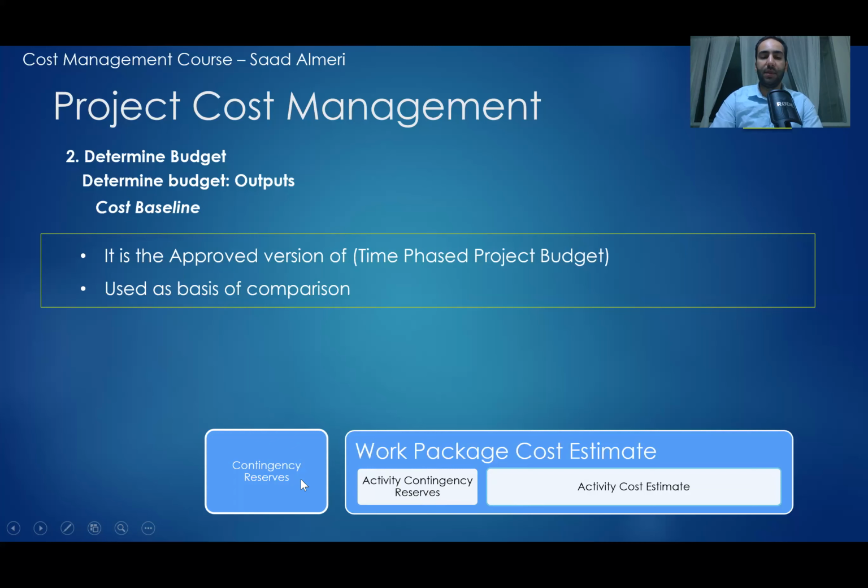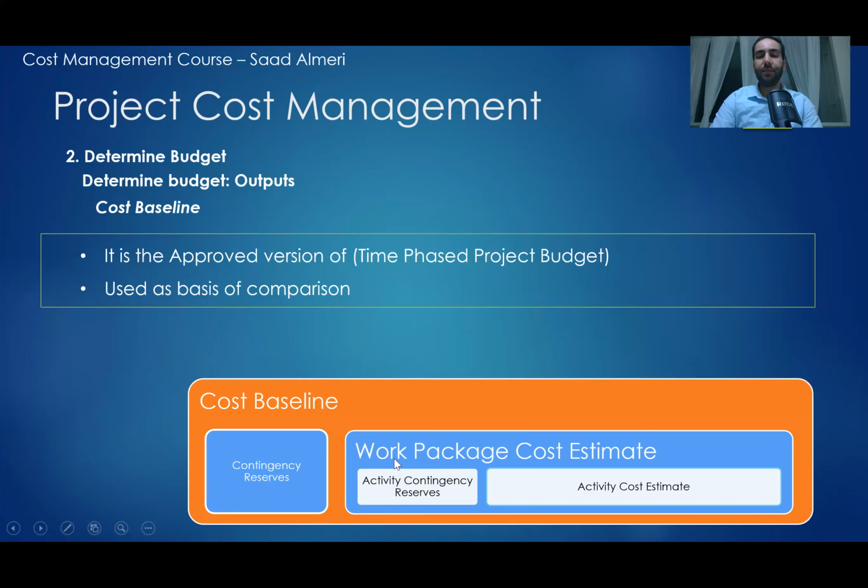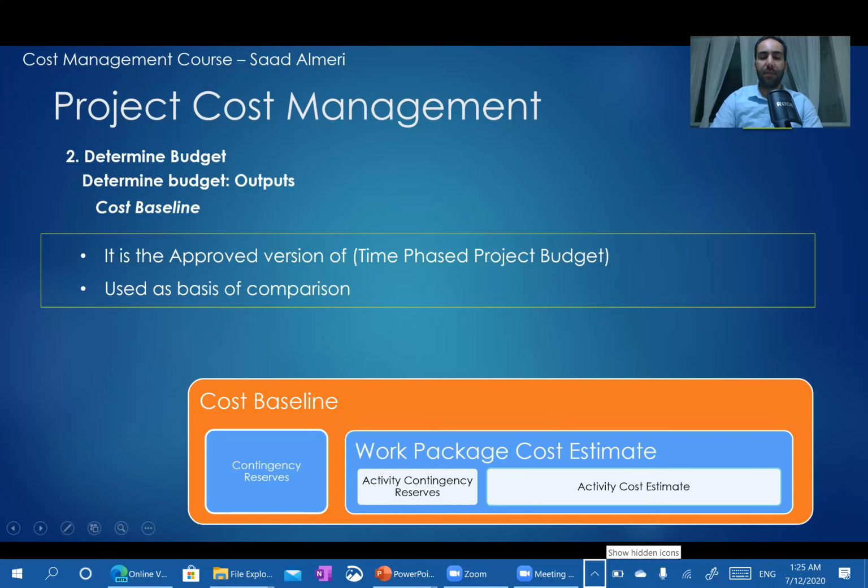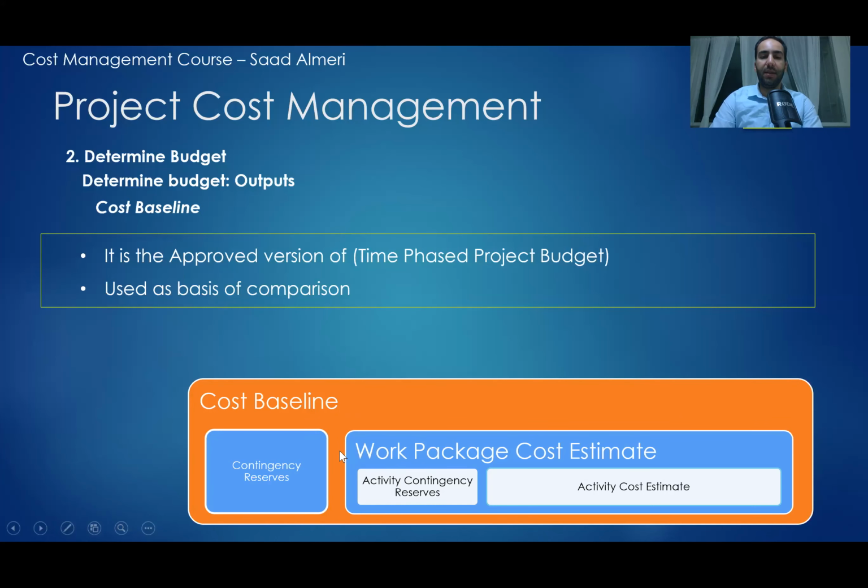But this one talks about the risk of delay in the whole electrical works. So this is a contingency reserve on the work package level. And those together represent the cost baseline. So the cost baseline for us is the sum of all work packages with their contingency reserves.